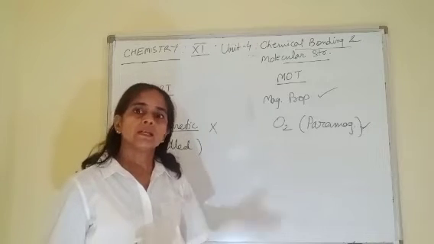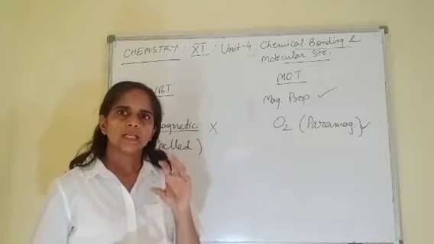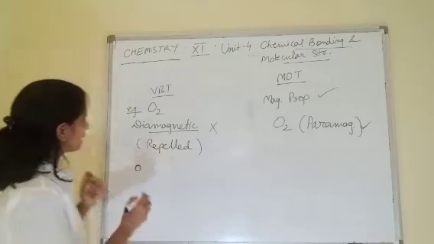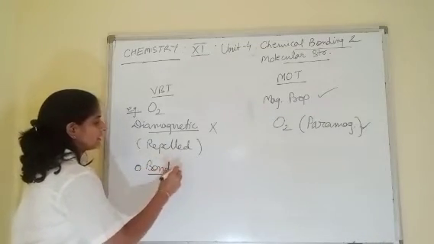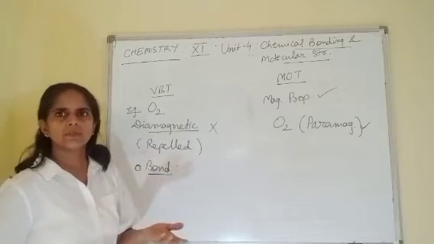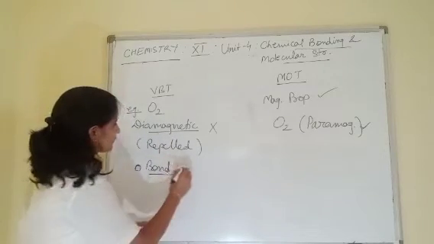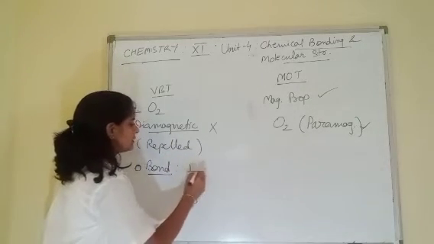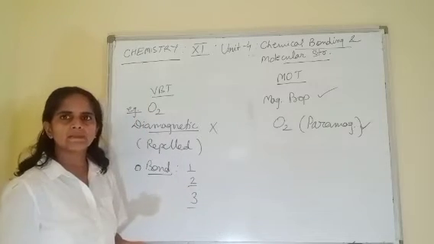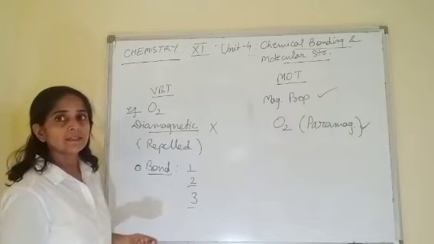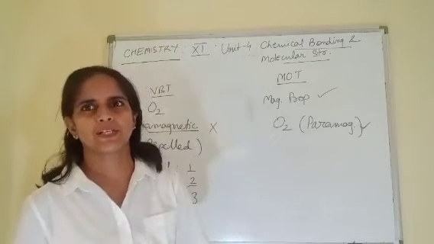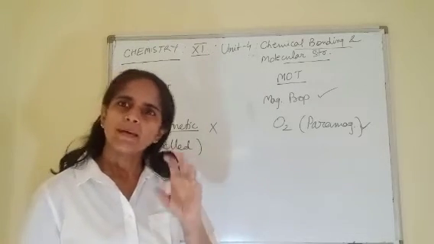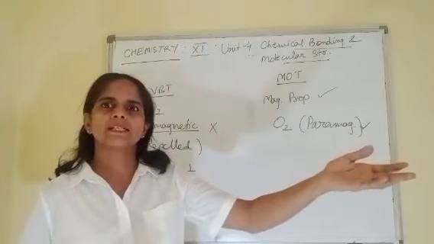Got it? Next, whenever we talk about bonding in VBT, according to VBT, there can be a single bond, a double bond, or a triple bond between two atoms. But here there is a very interesting feature of MOT. MOT says bonds can be in fractions even.